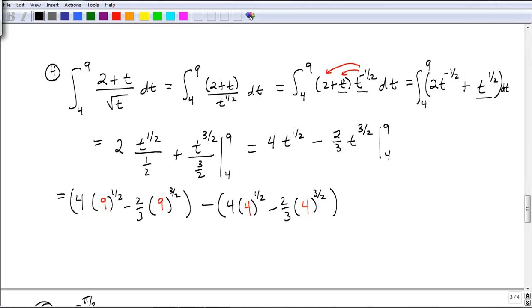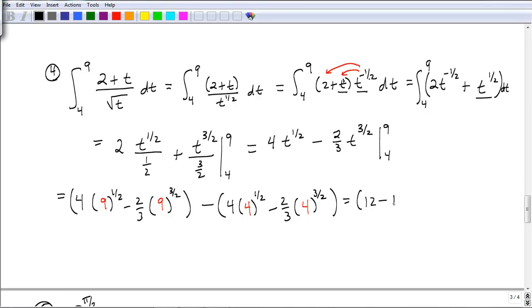And I can put this in my calculator. So I have 9 to the 1/2 is 3 times 4 is 12, minus 9 to the 3/2, I believe, is 27. Yep. Times 2/3 is 18.